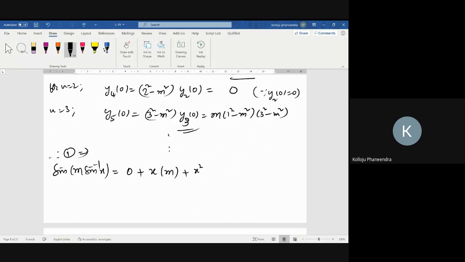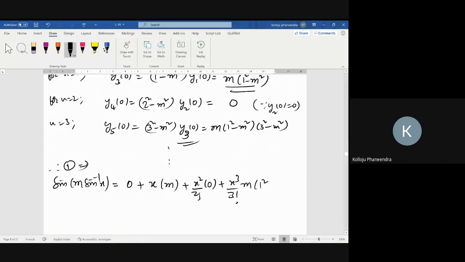Next, x square by factorial 2 f double dash 0, which is 0, x cube by factorial 3, third derivative is m into 1 square minus m square, and fourth derivative 0. Fifth derivative is m into 1 square minus m square, 3 square minus m square, and so on. Sixth derivative 0, and seventh derivative is 5 square minus m square, and so on.